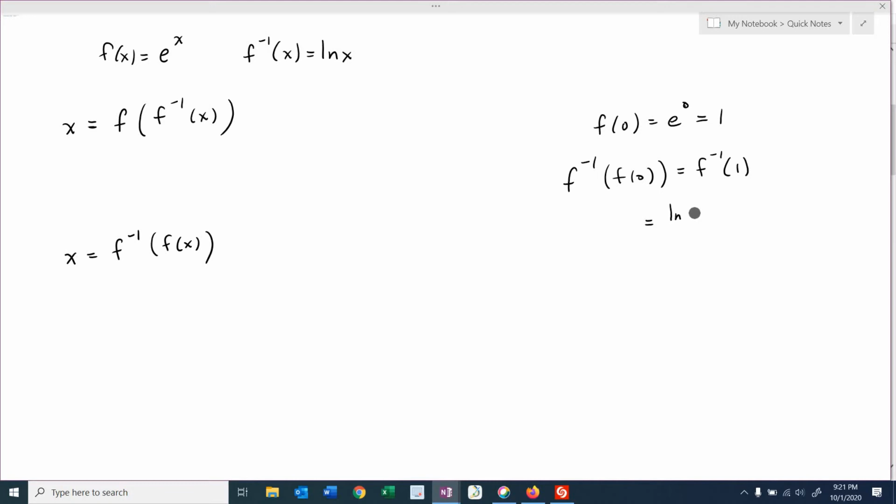So this is natural log of 1. The natural log of 1 happens to be 0. So you go back to the original x value that you plugged in. F composed with f of 0 returns 0. That's true for every x value. And it's also true regardless of what order you do this composition in. Okay, so we're going to take advantage of these two properties.